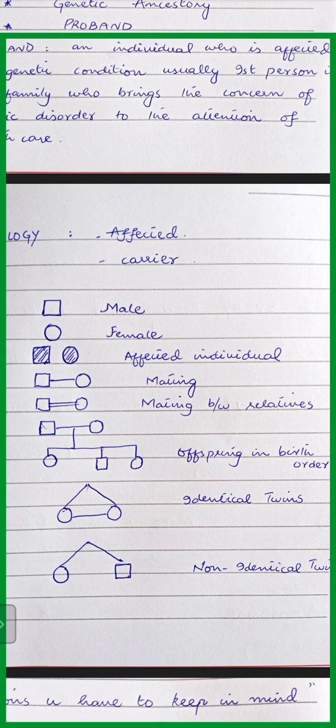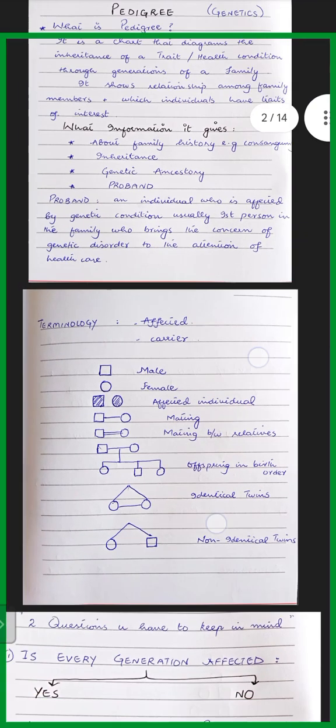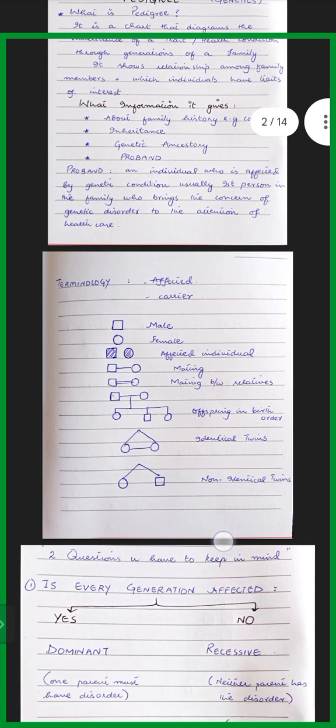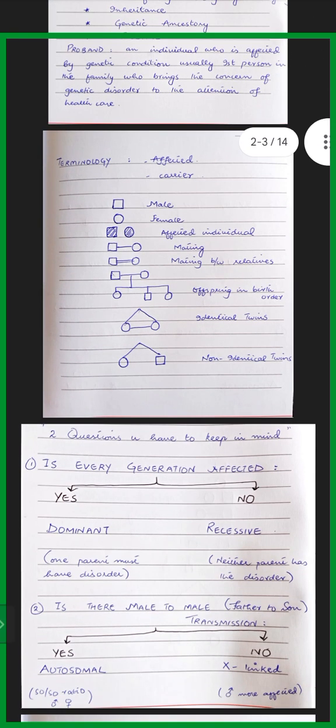Next, you can see the identical twins and the non-identical twins. For non-identical twins, there is no line between them on the base. So this is the basic introduction to how you interpret a pedigree.